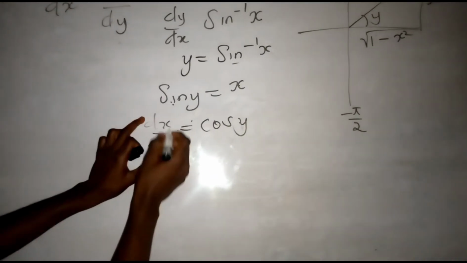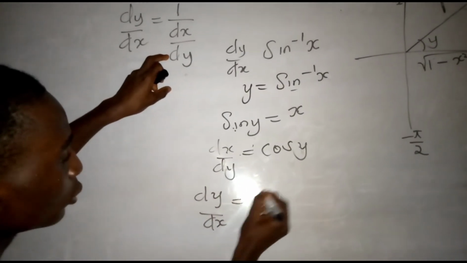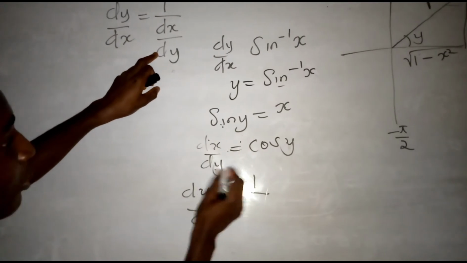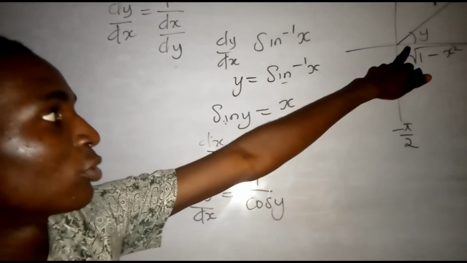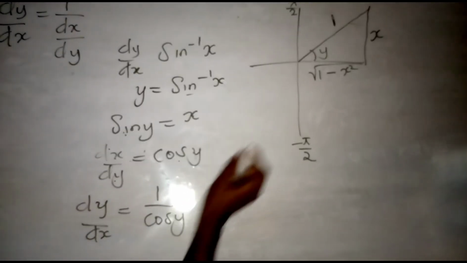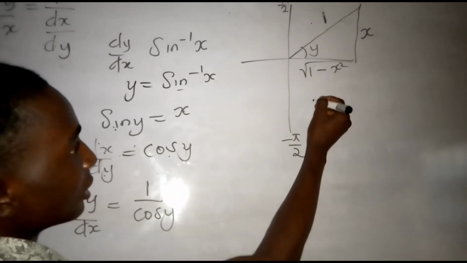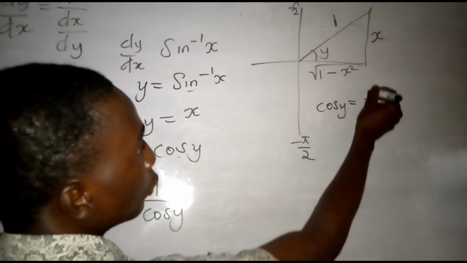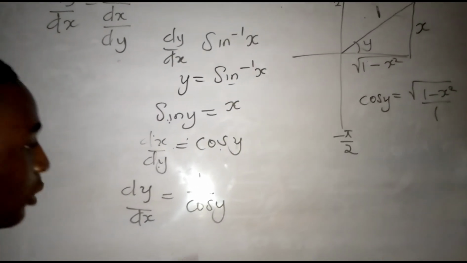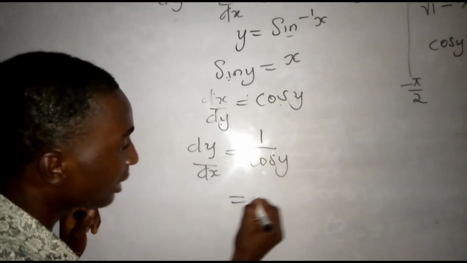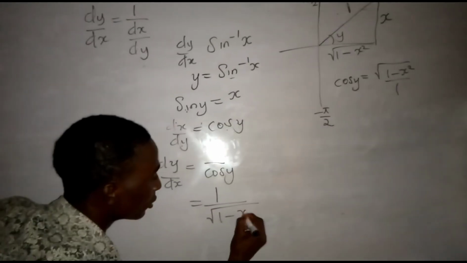We are going to say dy over dx is equal to 1 over dx over dy, which is 1 over cos y. Coming to our triangle, remember cos is adjacent over hypotenuse. That is, cos y is equal to the square root of 1 minus x squared over 1. So we substitute that in this value, and we are having 1 over the square root of 1 minus x squared.